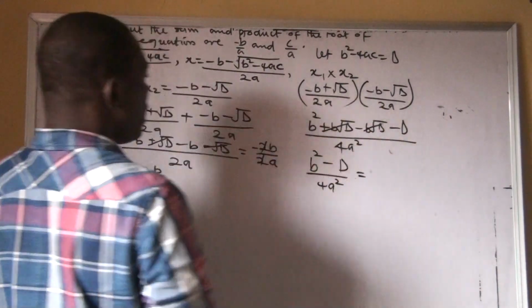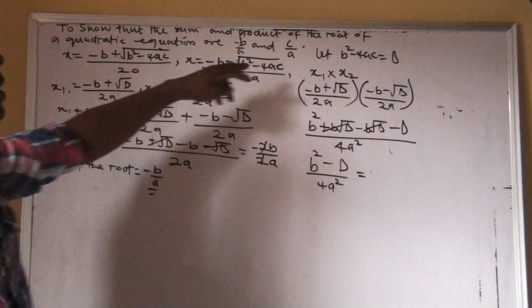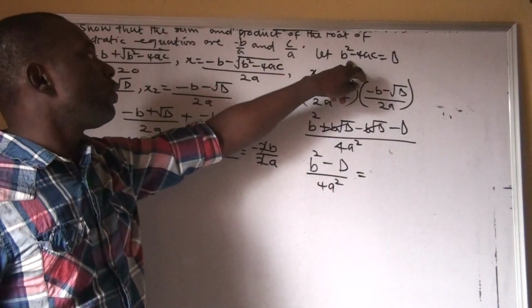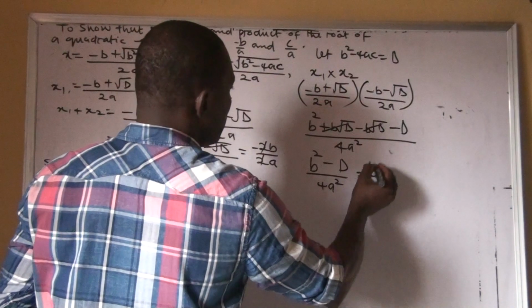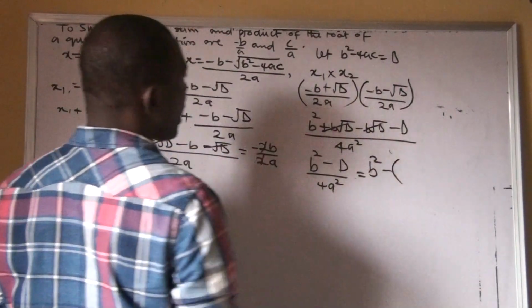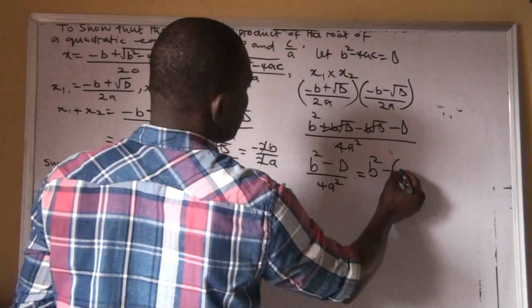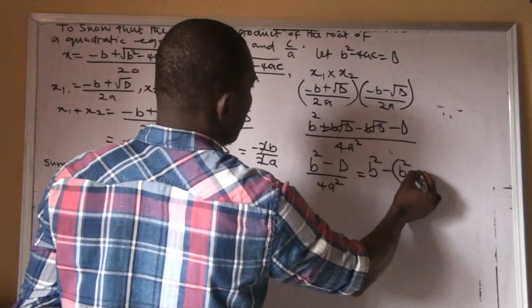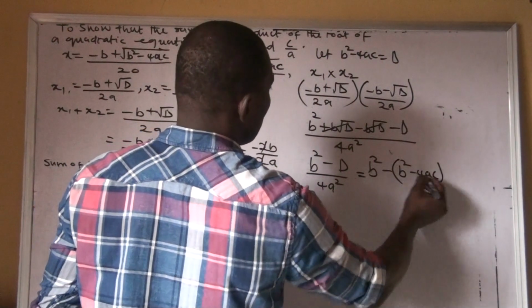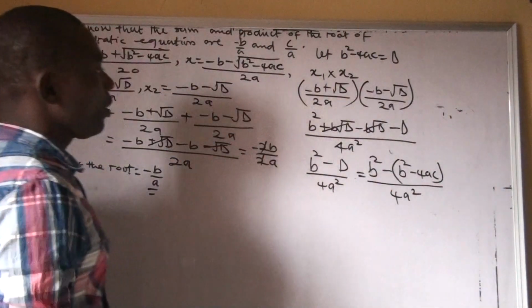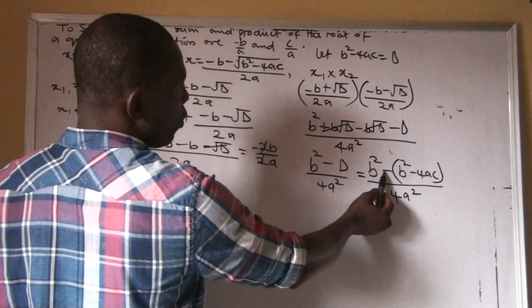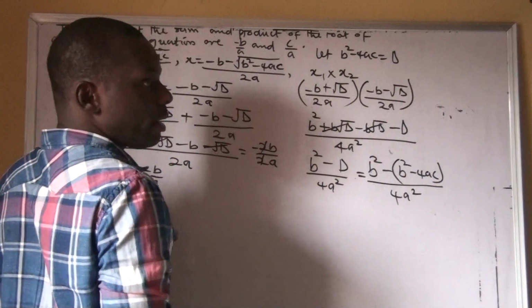And we know that we said let d equal b squared minus 4ac. So we come here, we say this is b squared minus, open bracket, b squared minus 4ac, close it, all over 4a squared. This minus here, we distribute it over the terms in the brackets.